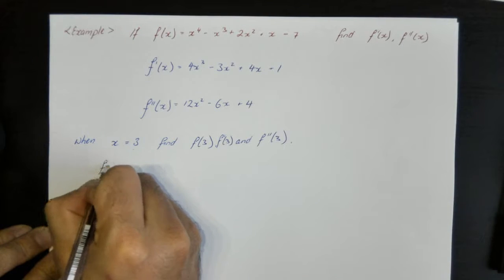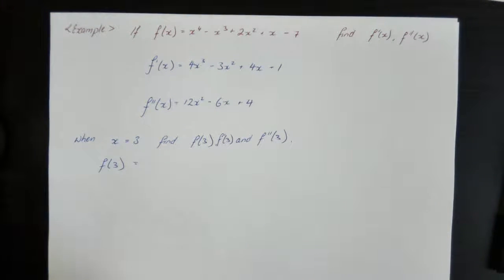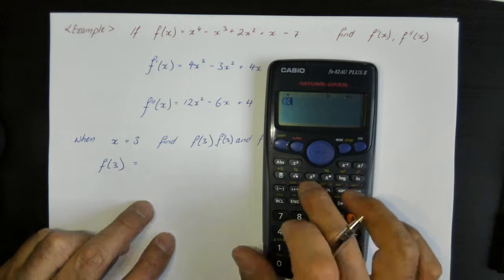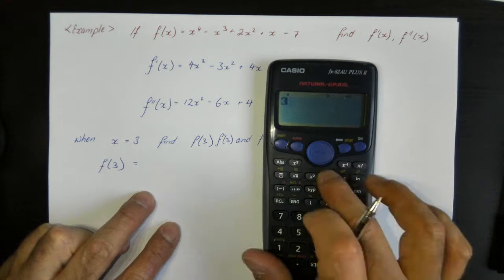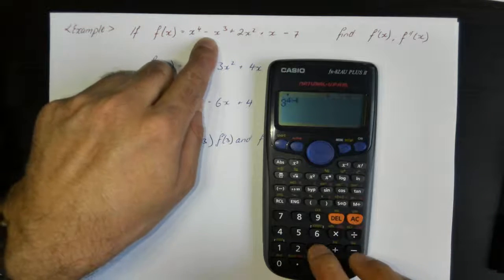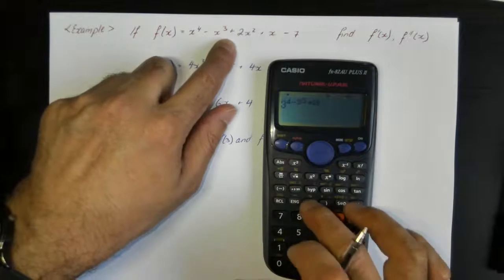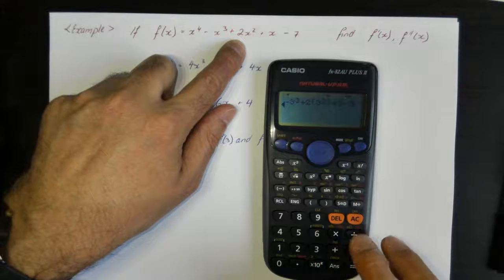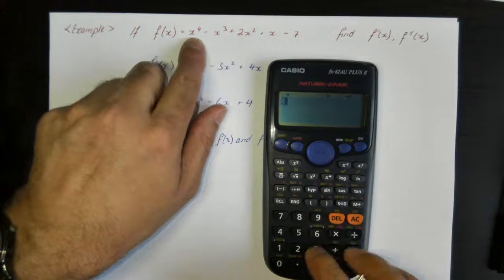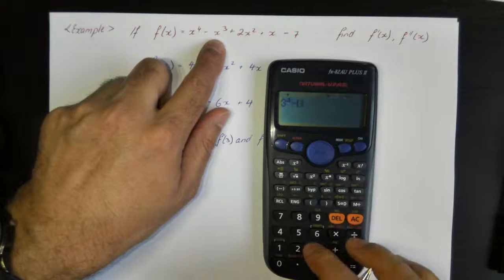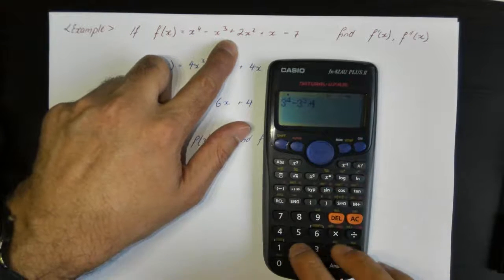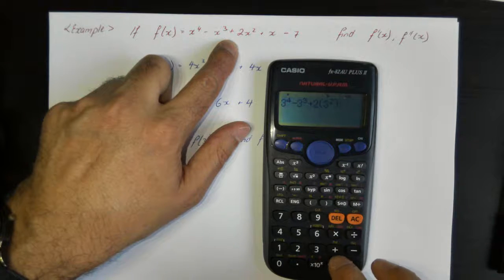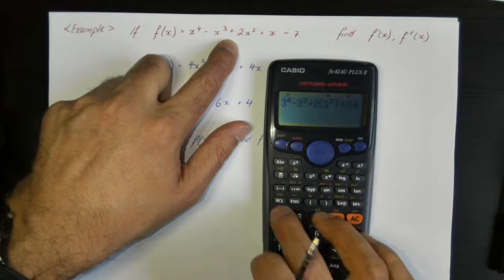Okay, so I've got f of 3, plugging that into my calculator: 3 to the power of 4 minus 3 cubed plus 2 times 3 squared plus 3 minus 7.